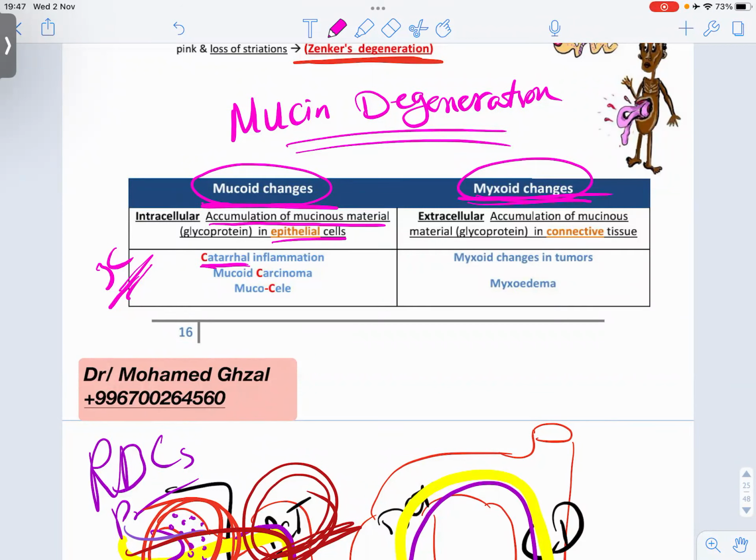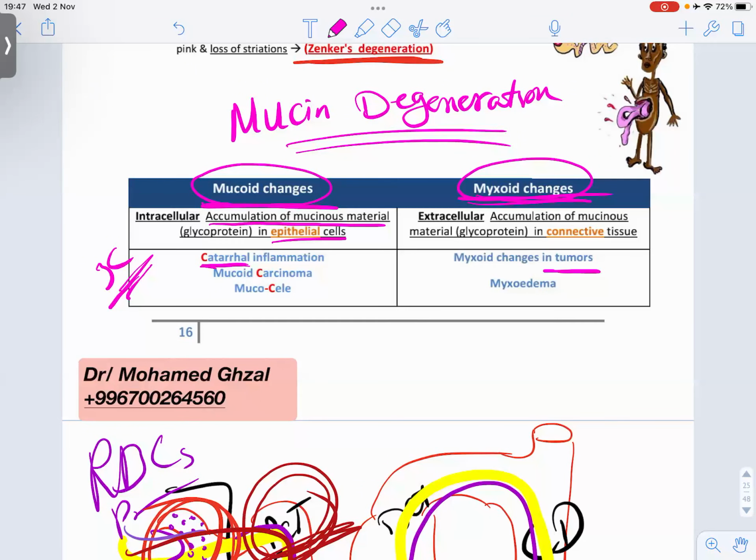But what are the causes of accumulation of mucin inside the connective tissue? The first one is tumors. Some mutation happens in connective tissue cells, and then the cells start to form mucus, and it's called myxoid change in tumors of connective tissue.